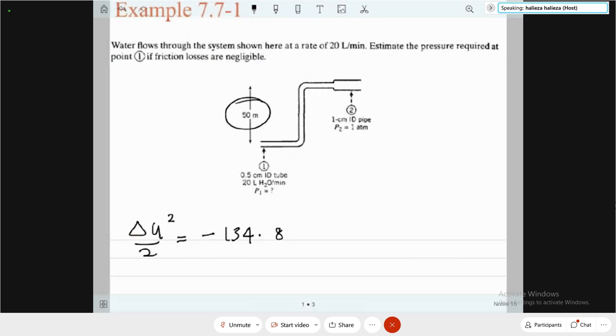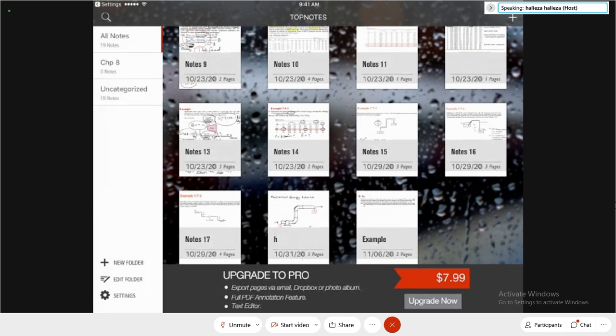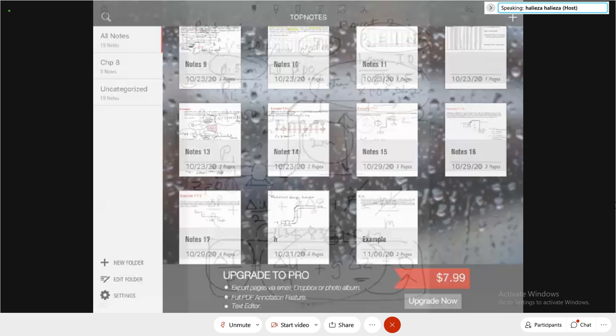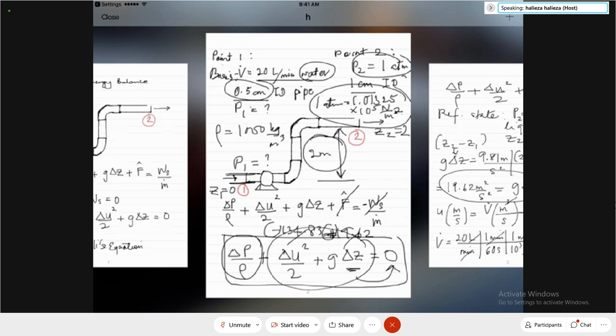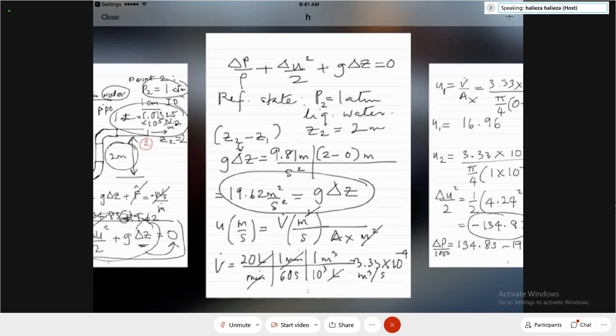But if you look at your textbook, that value is 135.5. Now, where's the problem from that previous example just now? 134.83. When we did the calculation, we did the velocity just now.